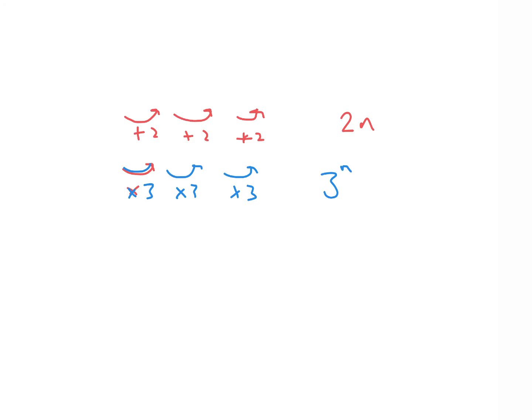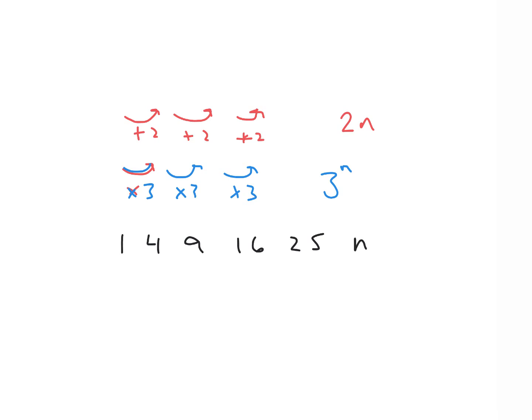We could also see a sequence that looks like 1, 4, 9, 16. What's special about a sequence like this? The next number would be 25. They're perfect squares.